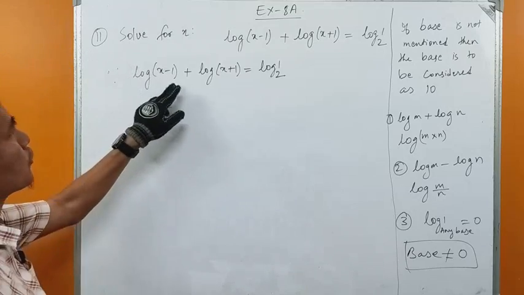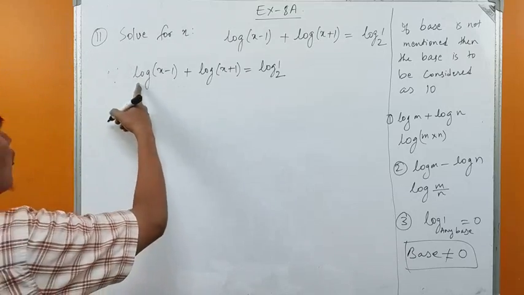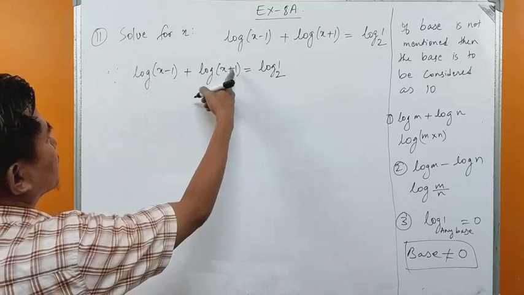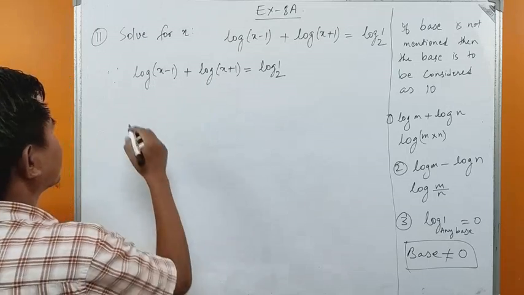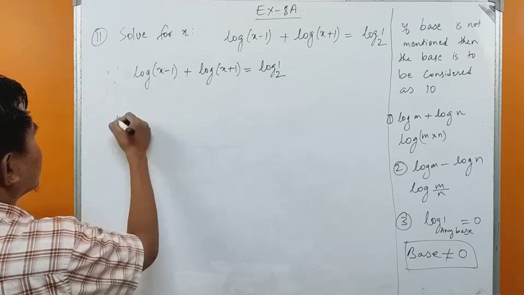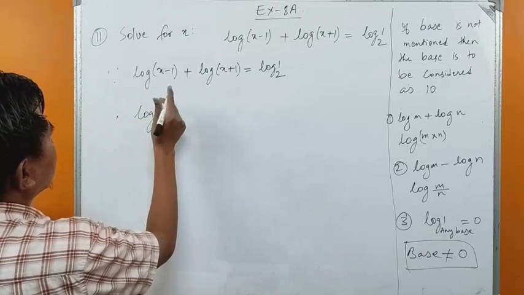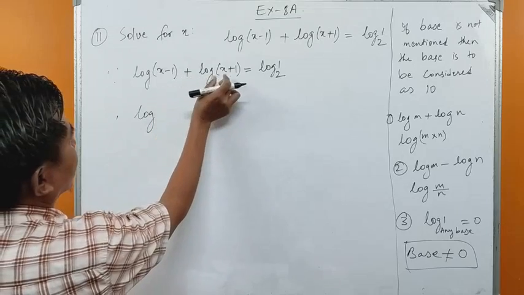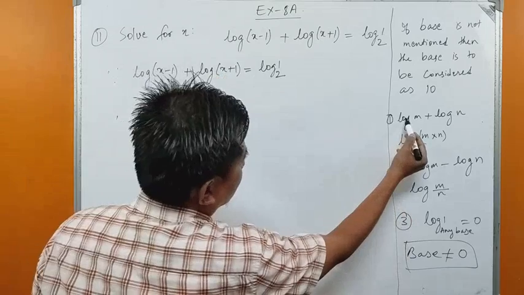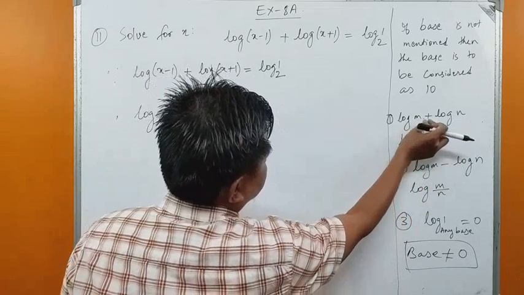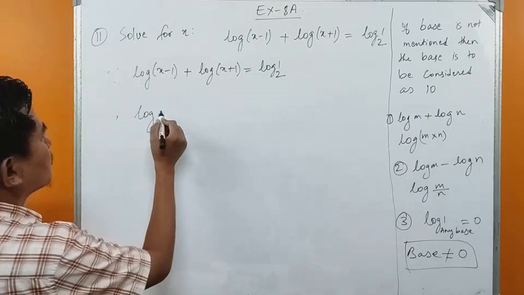Okay, now let us solve this question. We have log(x minus 1) plus log(x plus 1), isn't it? Bases are not given, so the bases are 10. Now log m plus log n, the plus sign is in between them, so we must multiply.